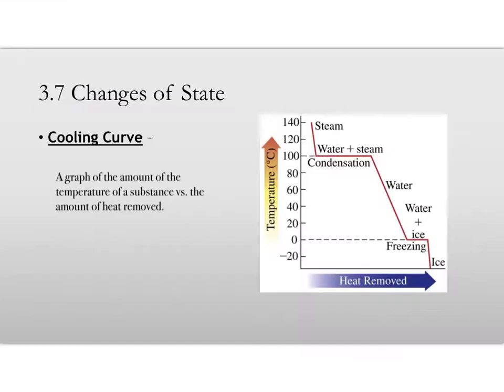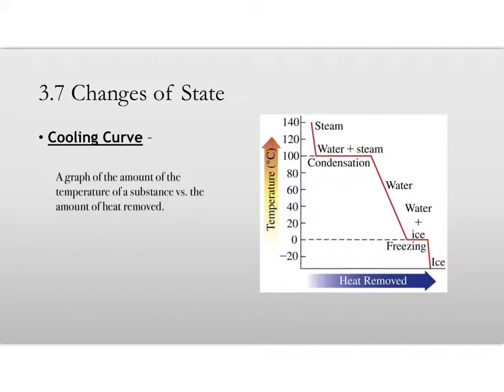Right here is a cooling curve, and it's a graph of the temperature of a substance versus the amount of heat removed. So it's the exact opposite of the previous one, which really just makes it redundant because they're the same thing. It's just the inverse of it. So it's heat removed versus heat added, but you can see the same thing.